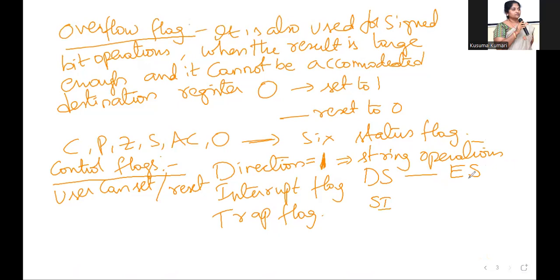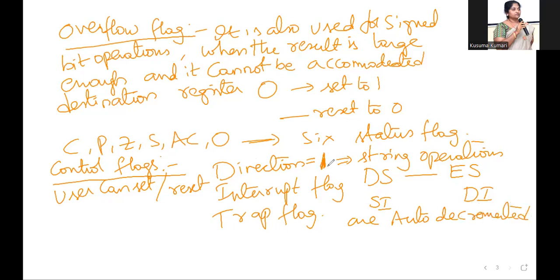Similarly, for the extra segment, the offset address is available in the destination index register. Now, if the direction flag is equal to 1, then the source index and destination index register contents are auto decremented.